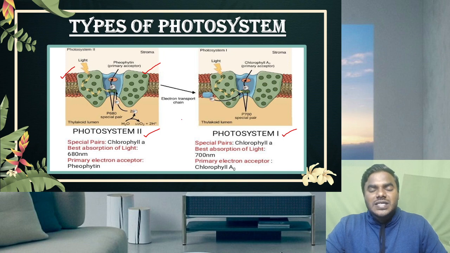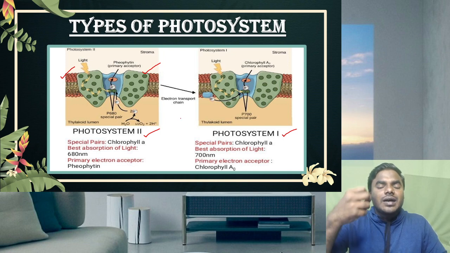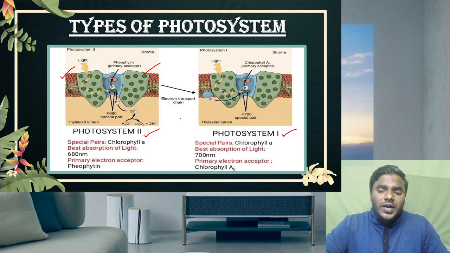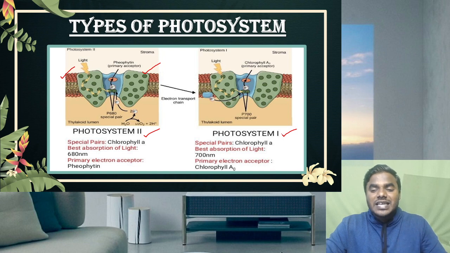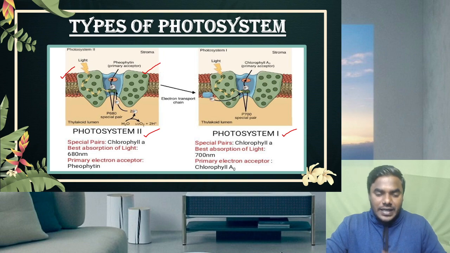Most of the students will say it is based on the absorption of light. No, not exactly. See friends, it's simple. We have given the names photosystem 1 and 2 based on their discovery. That's all. Photosystem 1 is named 1 because it was discovered first, and 2 was discovered second.